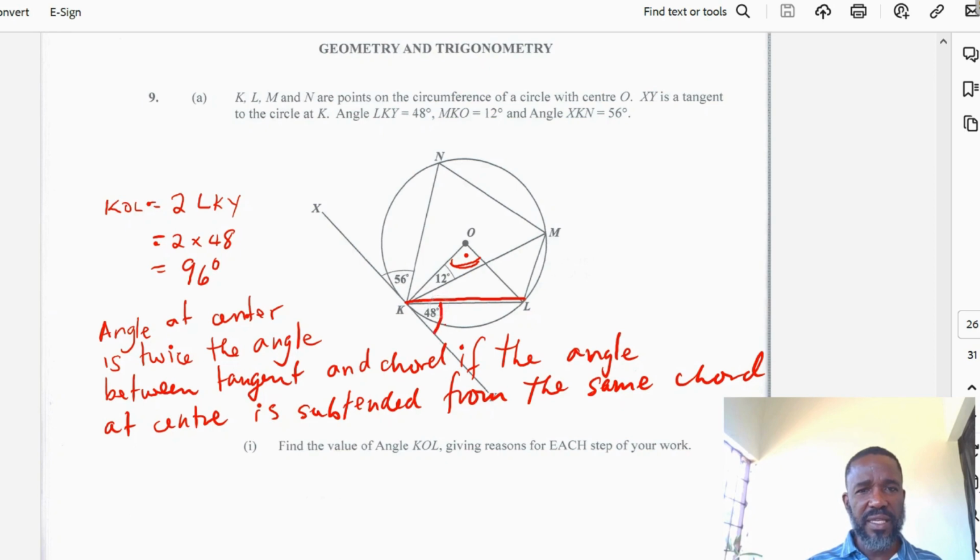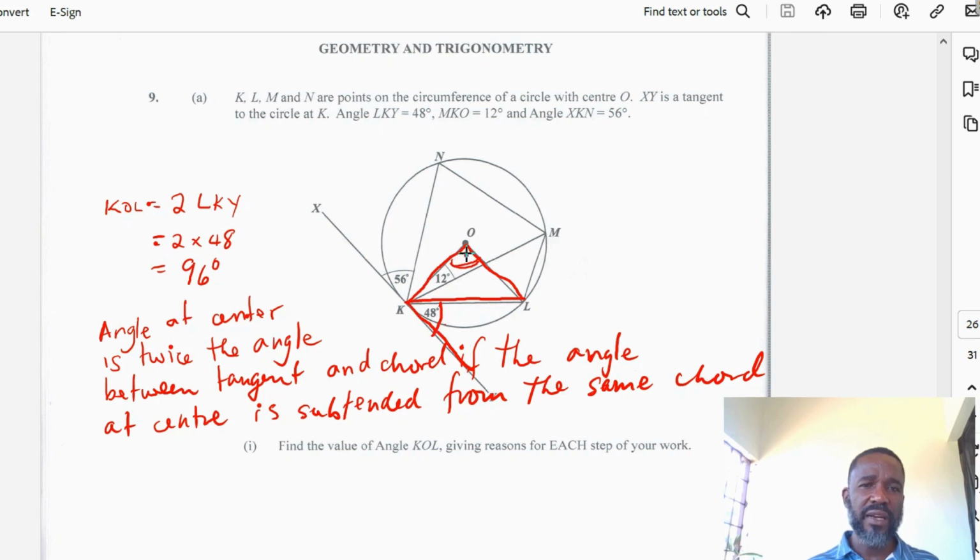we have the tangent and the chord. So that's the angle between the tangent and the chord. Now if you realize that this angle at the center is subtended from this chord, then because of that concept, the angle at the center is always twice the angle between the tangent and the chord.